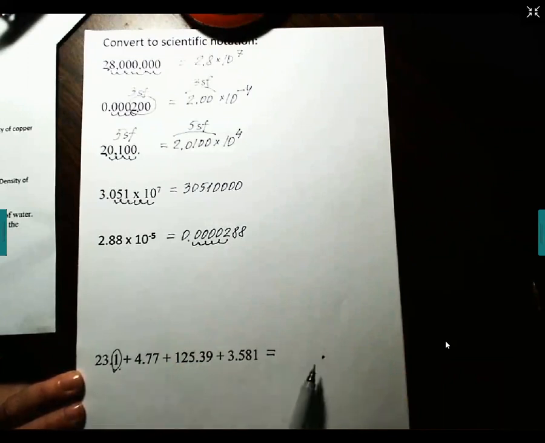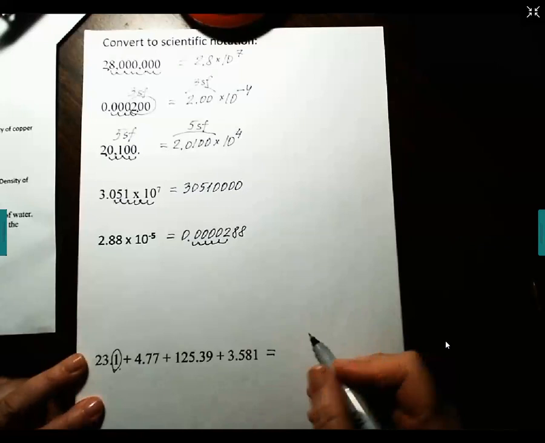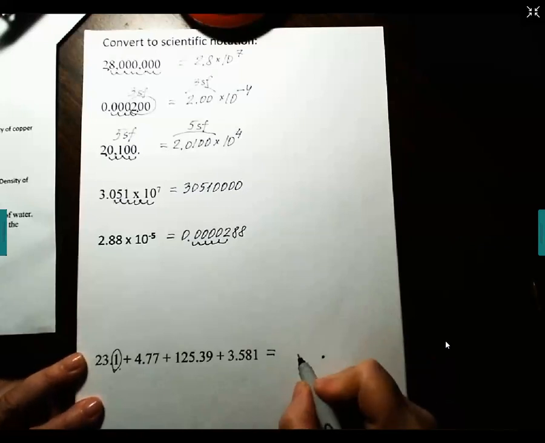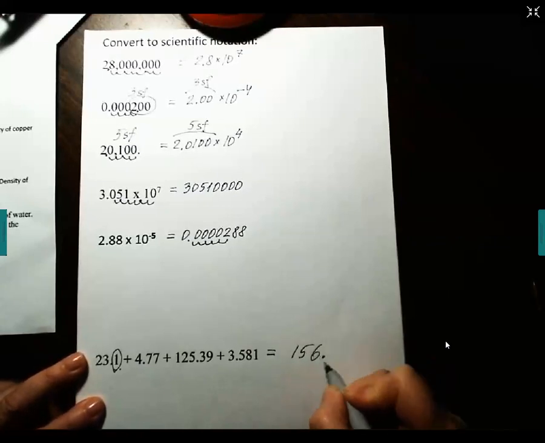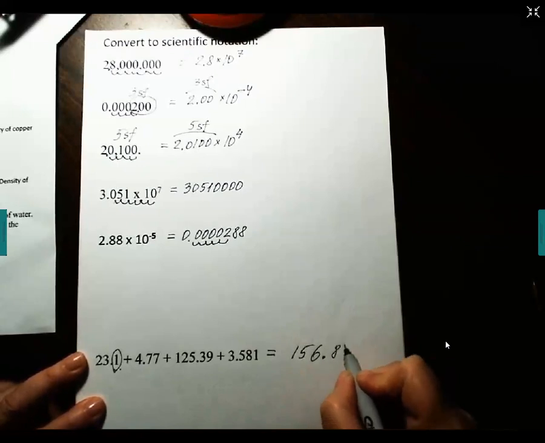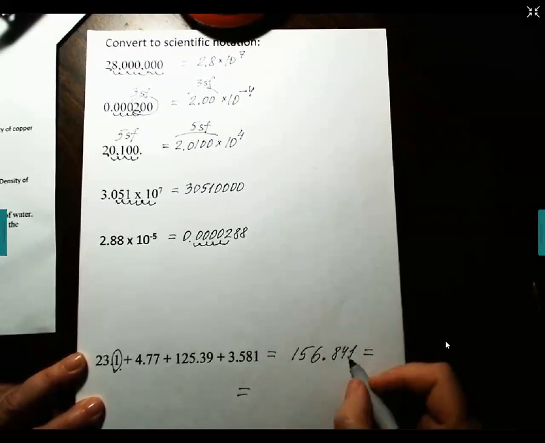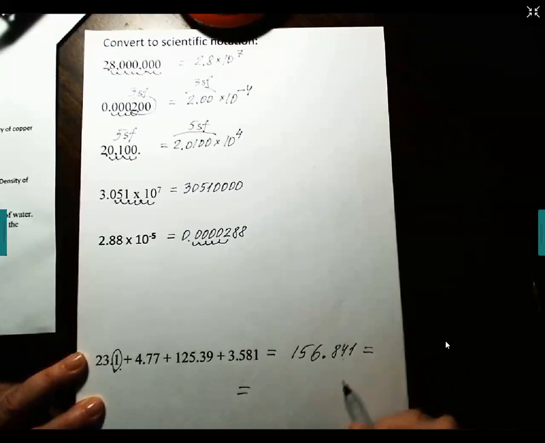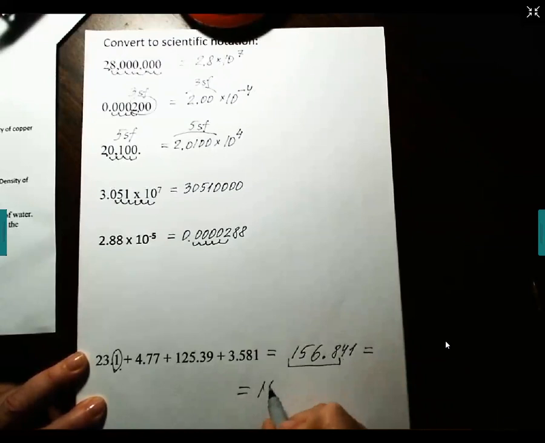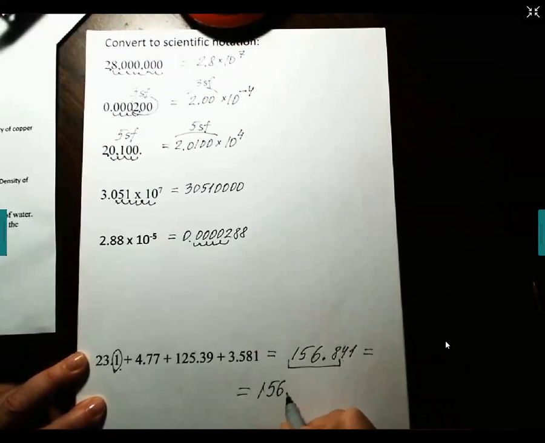So if we do these calculations using our calculator, we'll get 156.841. But because we need to keep just one digit after the decimal, and the next number is smaller than 5, we should round it to 156.8.